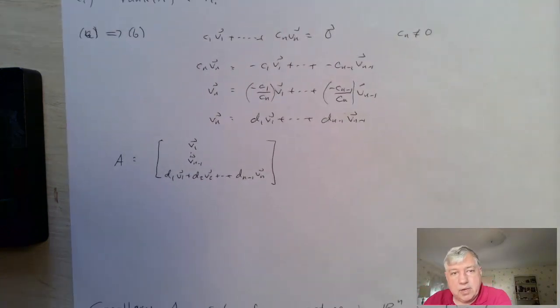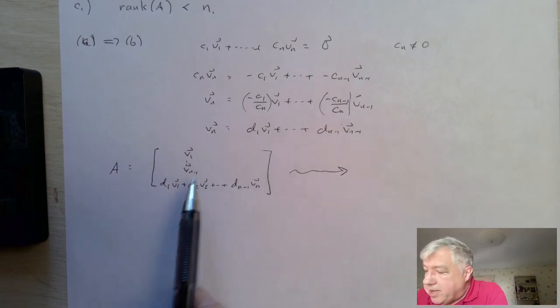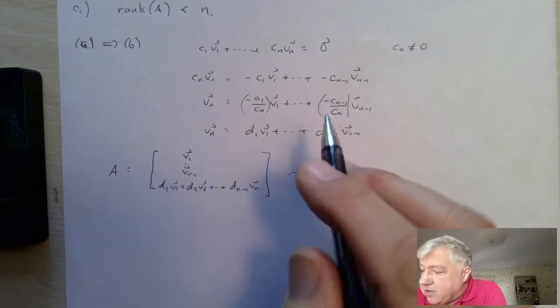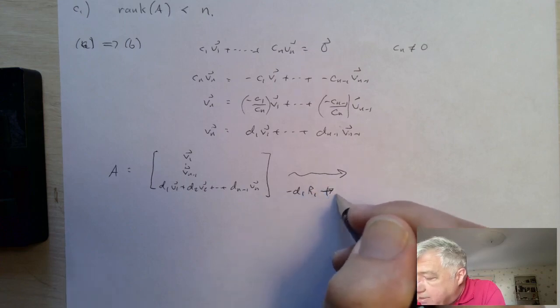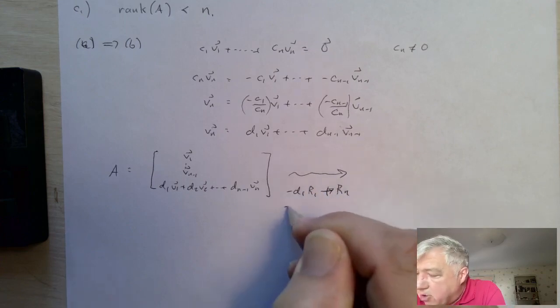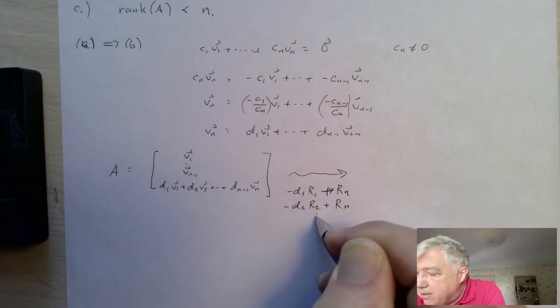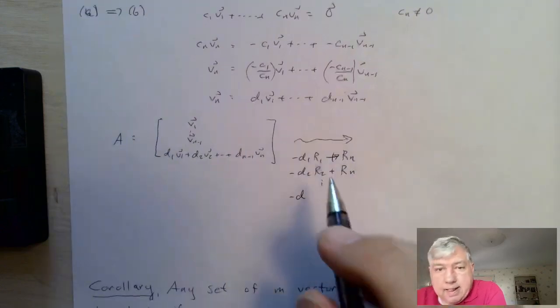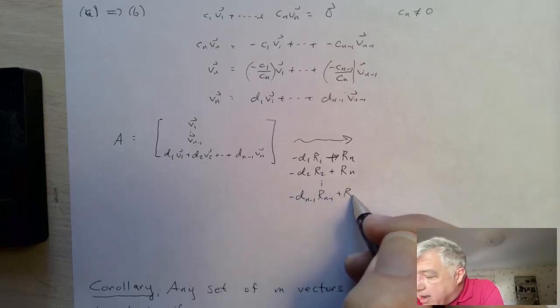Then we can do a series of row operations where we multiply the first row by negative D1 and add it to the last row. We can do the same with negative D2 R2 plus Rn, up to negative Dn minus 1 Rn minus 1 plus Rn.